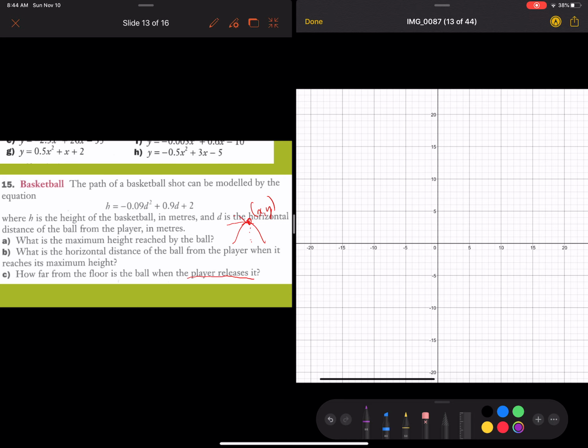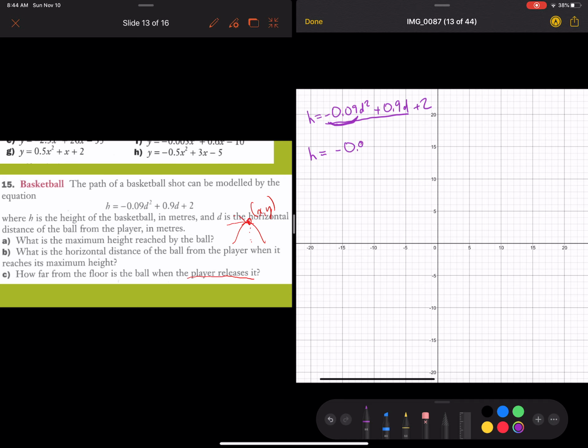So let's write out our equation. h equals negative 0.09 d squared plus 0.9 d plus 2. First step, take out the common factor. Factor out negative 0.09. I know it's not a common factor for the constant, but we can still factor it out.